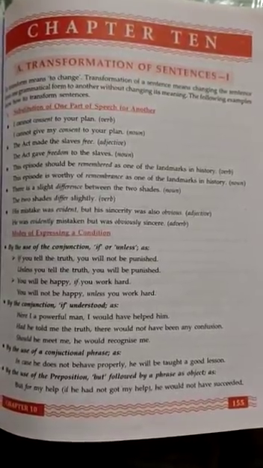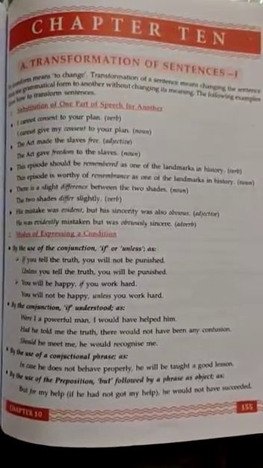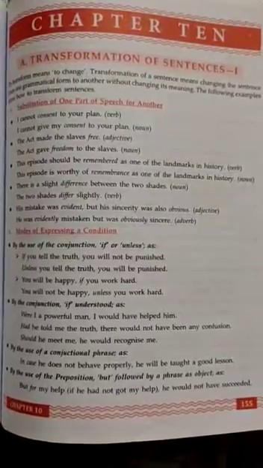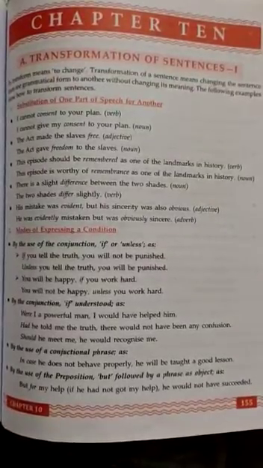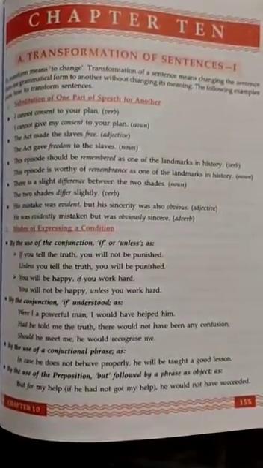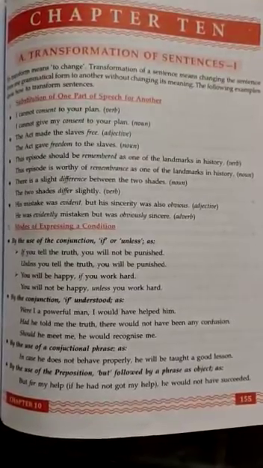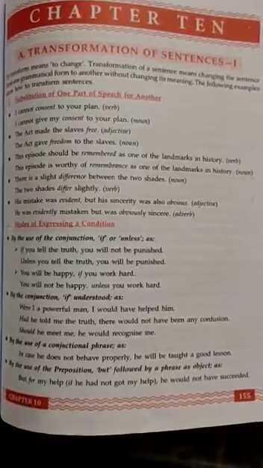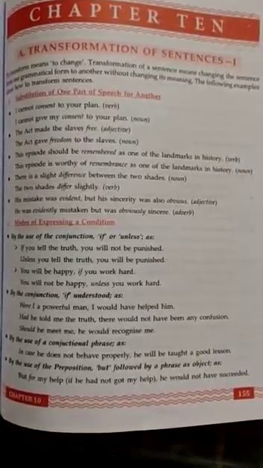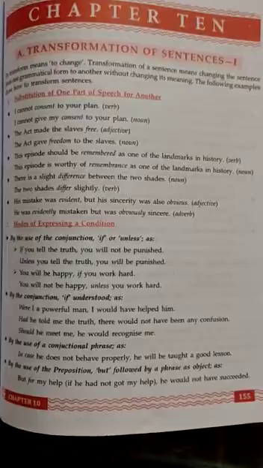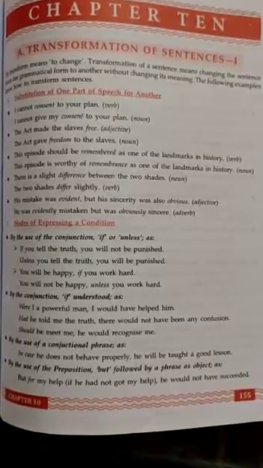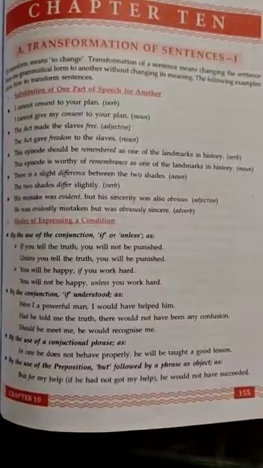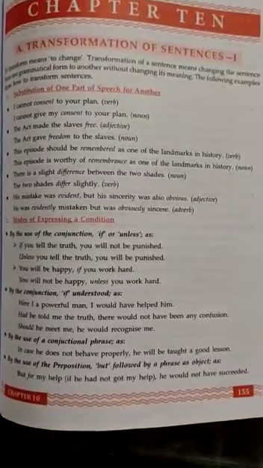Okay, so let's begin with, I cannot consent to your plan. Here consent is a verb because it occurs very close to the auxiliary modal verb or helping verb, and consent is the main verb. It means he says that I cannot consent to your plan.